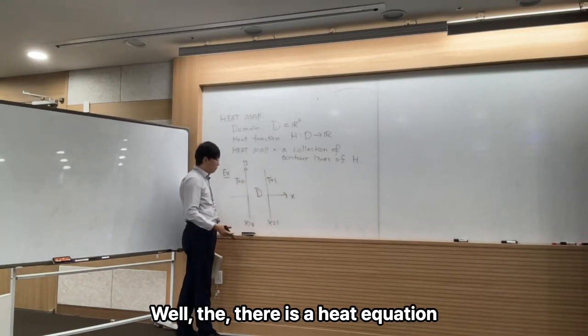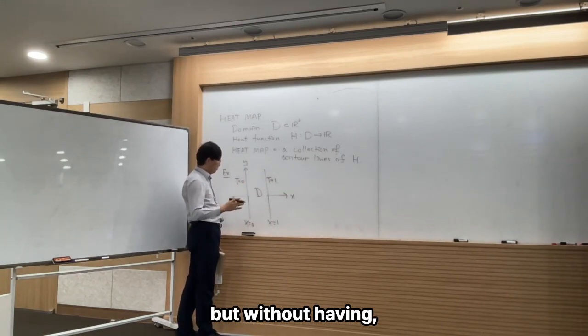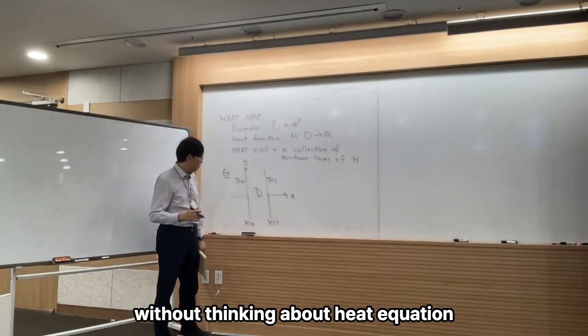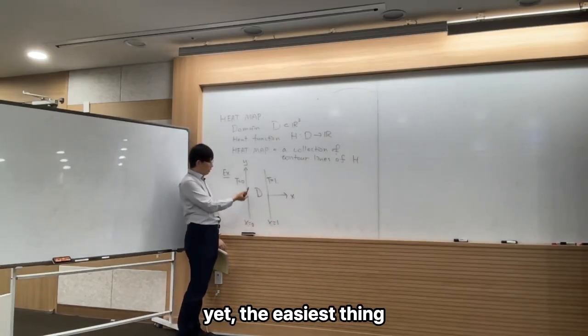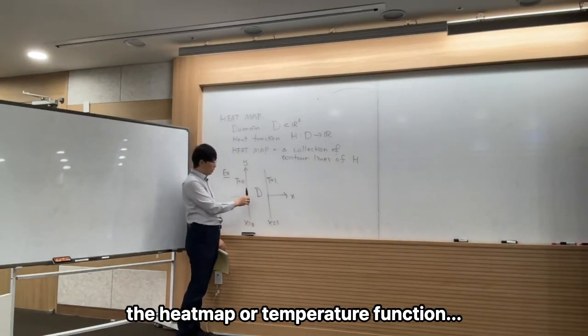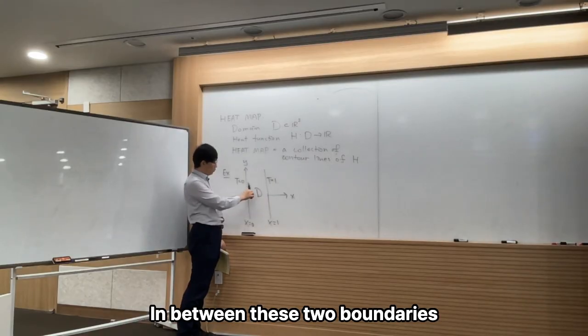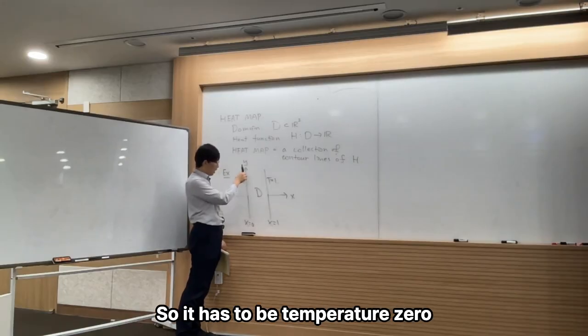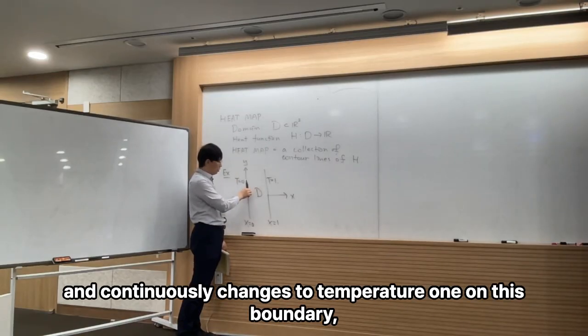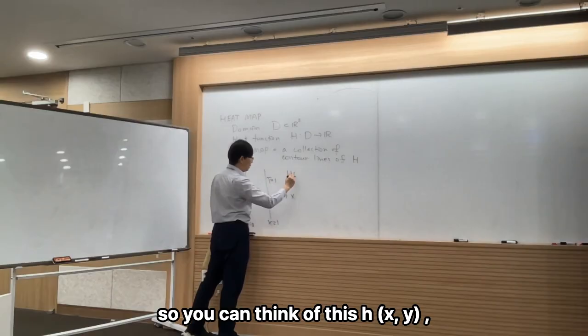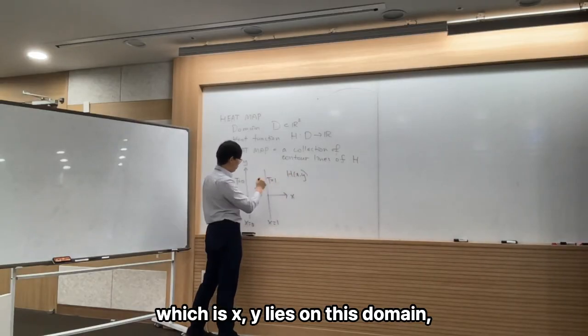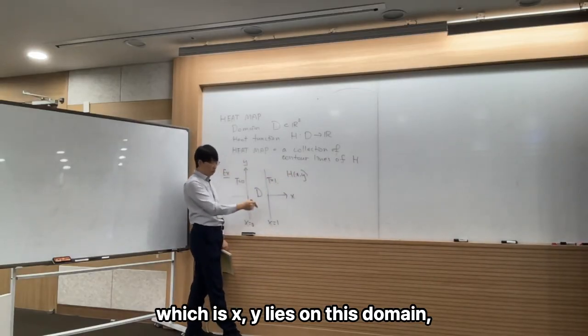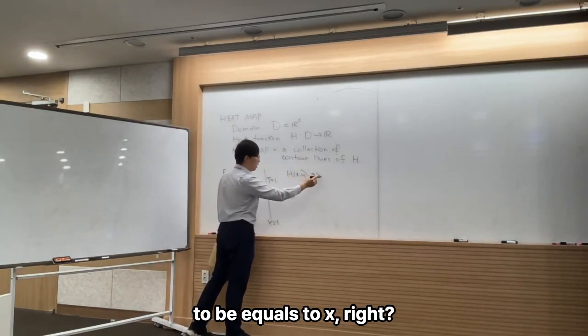Well, there is a heat equation, but without thinking about heat equation yet, the easiest thing that you can think of about the heat map or temperature function in between these two boundaries is that the heat must continuously change across these two boundaries. So it has to be temperature 0 and continuously change to temperature 1 on this boundary. So you can think of this h(x,y), which is (x,y) lies on this domain, to be equal to x, right?